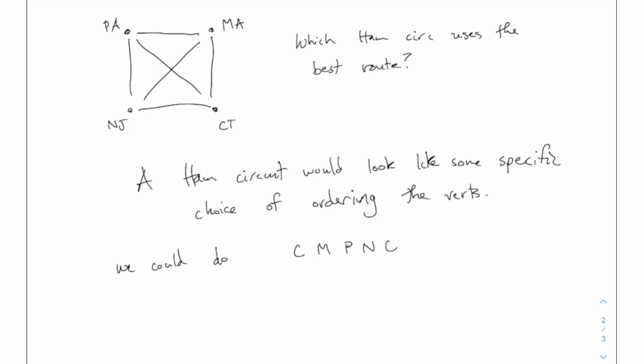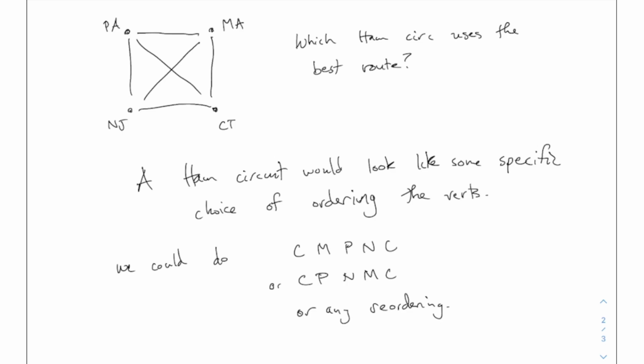Is there any other way to do it? Yes, actually there's many other ways to do it. And in fact, you could write any ordering that you like. I could say C, P, N, M, C. Whoa, that's an M here. I did that without even looking at the picture. I'm just writing the vertices in some other order, right? And I know because every edge actually exists in the picture, you can do any possible reordering.